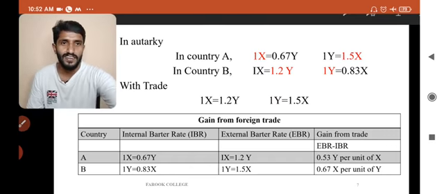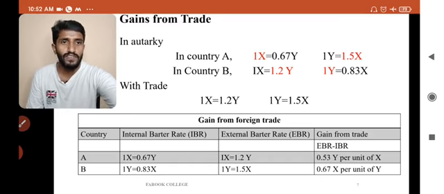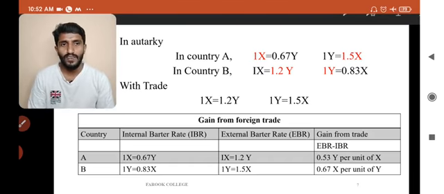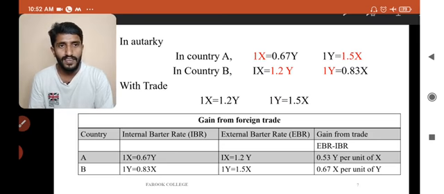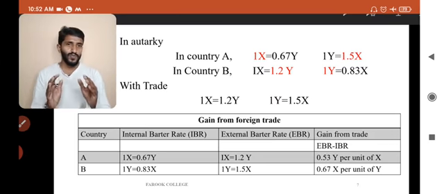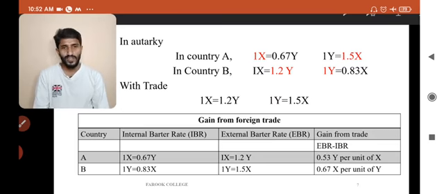That is the idea. So that's why we have given in the last, with the trade 1X is equal to 1.2Y, and in the second case 1Y is equal to 1.5X. So both the countries are gaining through the trade.